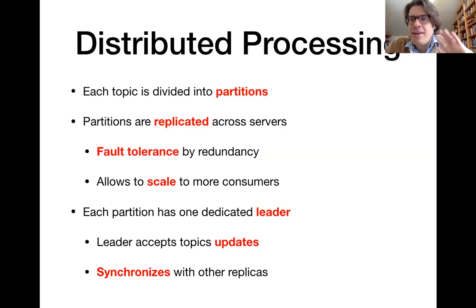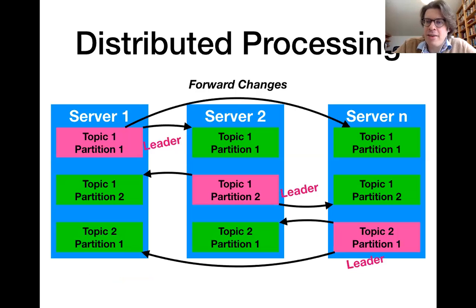So when processing those partitions, we always have one dedicated leader server, which accepts new updates for the corresponding partition, and it propagates those updates to the followers. This is an illustration of how that looks. Here we have 3 servers and 2 topics. The first topic has 2 partitions, the second topic only 1 partition.